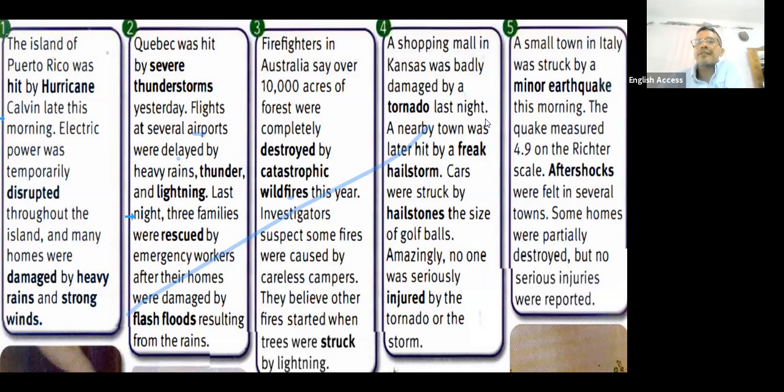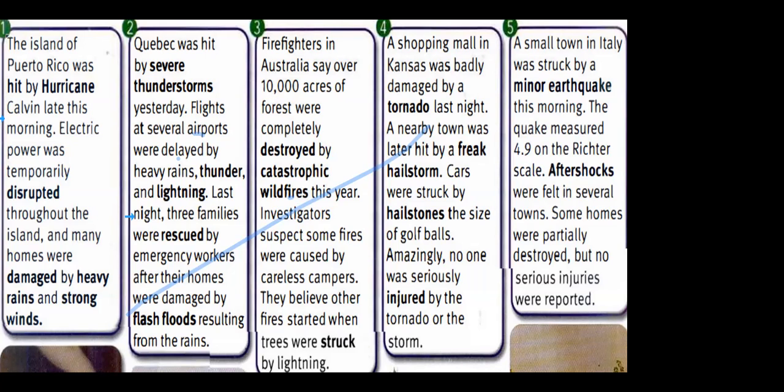Okay, I need somebody else. Will you please read number 3 again, like if you were a reporter? Okay, yes, teacher. Firefighters in Australia say over 10,000 acres of forests were completely destroyed by catastrophic wildfires this year.